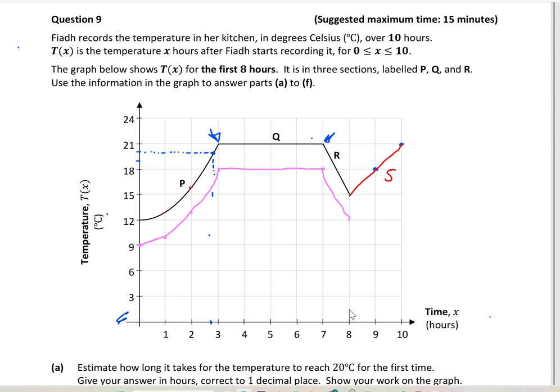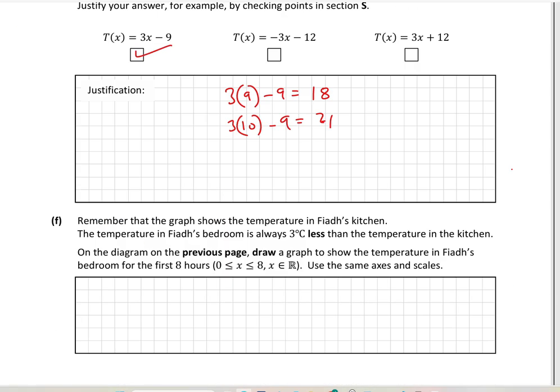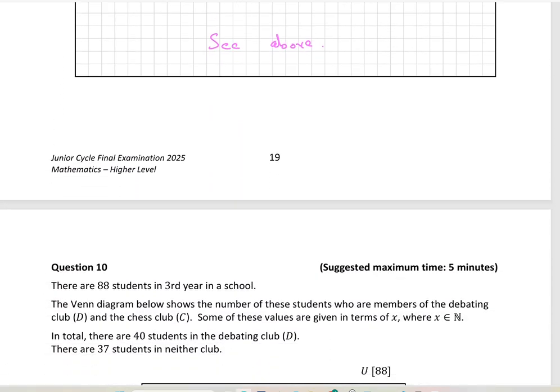And is it just as far as 8? Yeah. So that's it. That's part F, and I think that is it for that question.